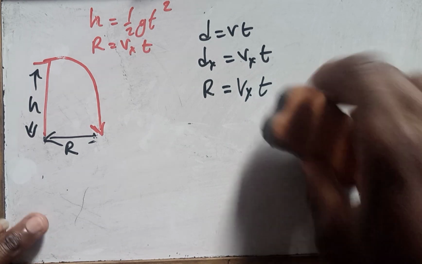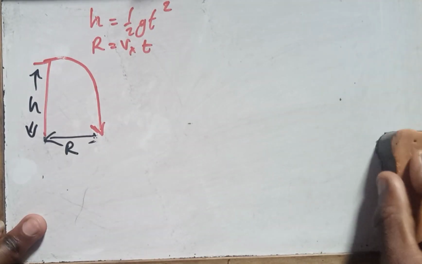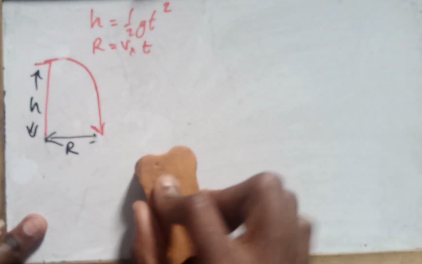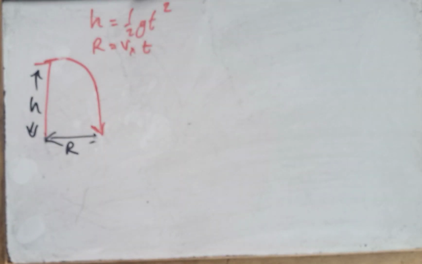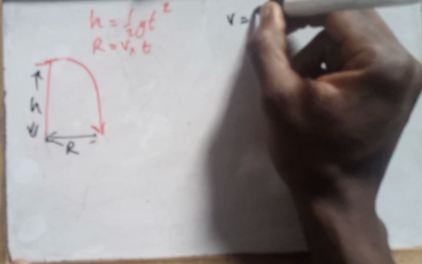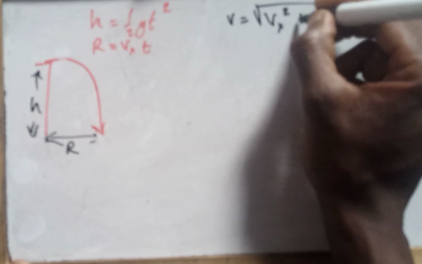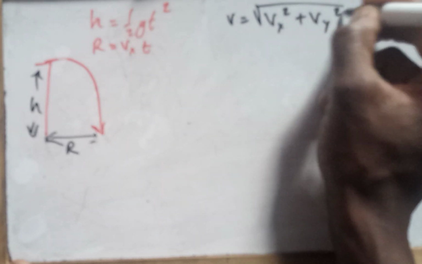Apart from this, you will also be asked to find the speed the ball is moving at before it hits the ground. For that, use the formula v is equal to the root of velocity in the x squared plus velocity in the y squared.